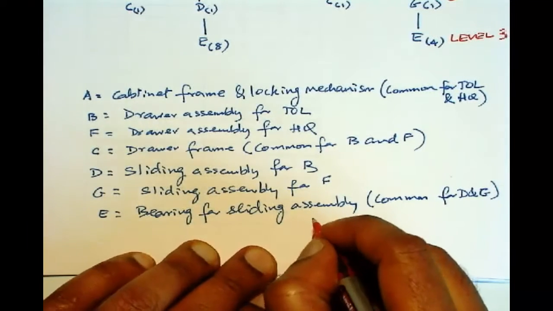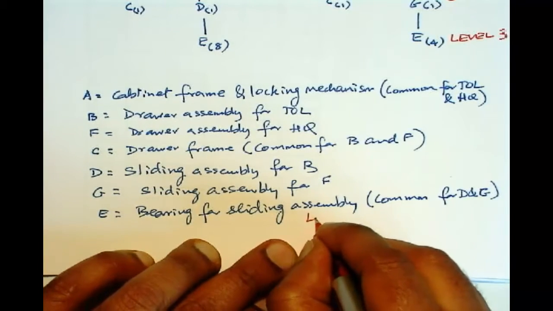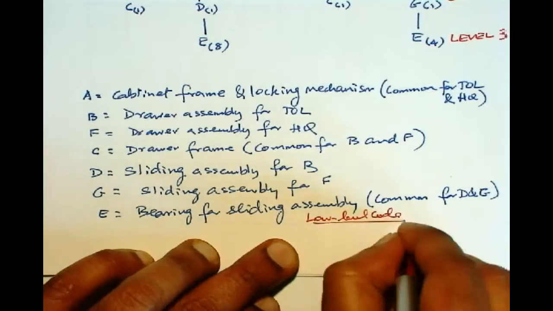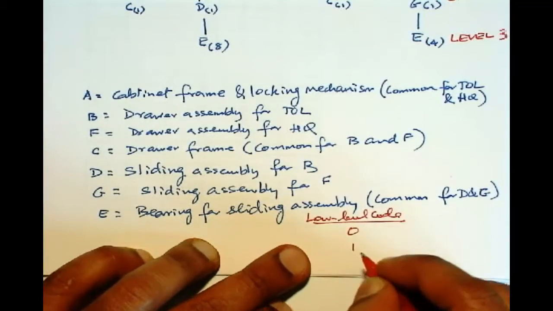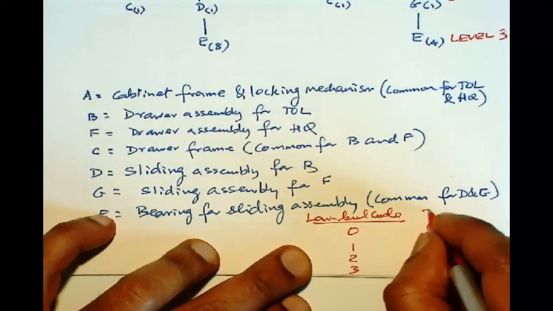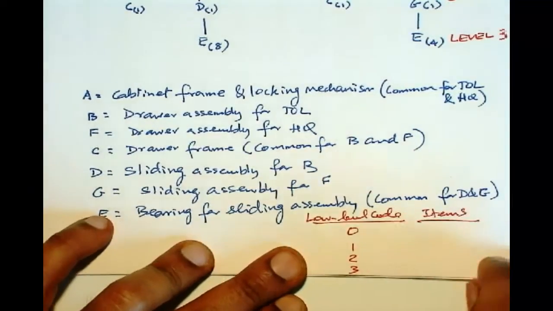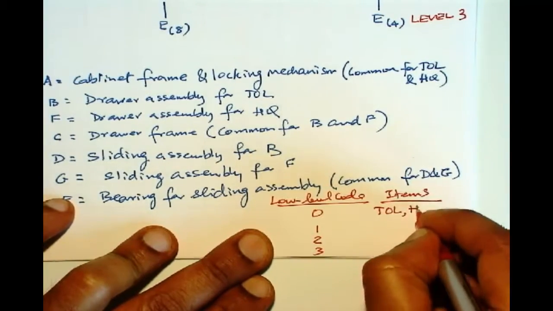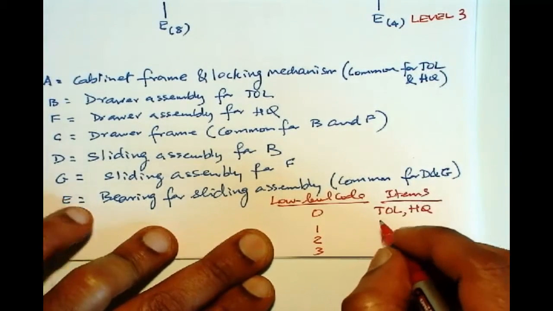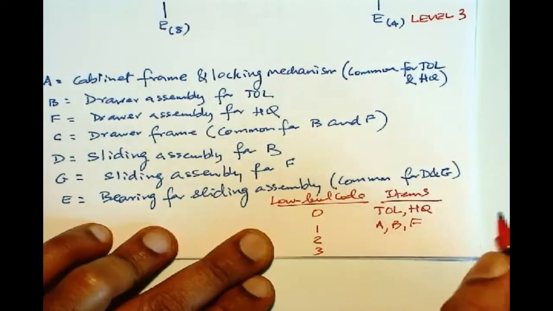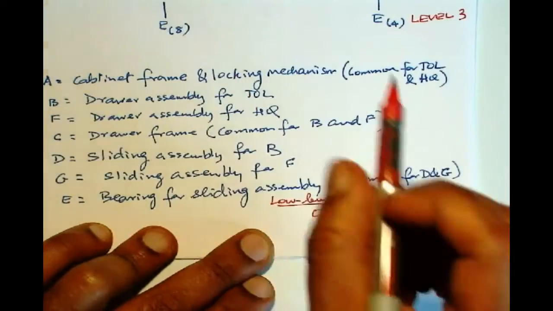So we have low level codes 0, 1, 2 and 3. Items TOL and HQ are 0, then A, B and F are 1.